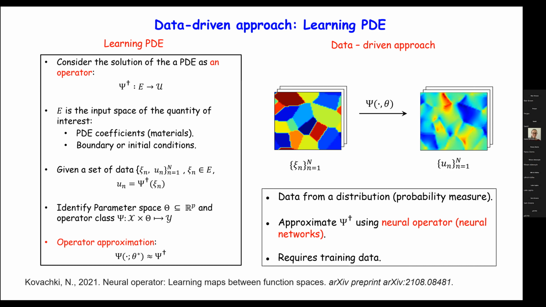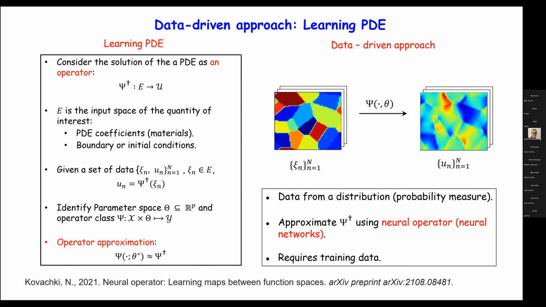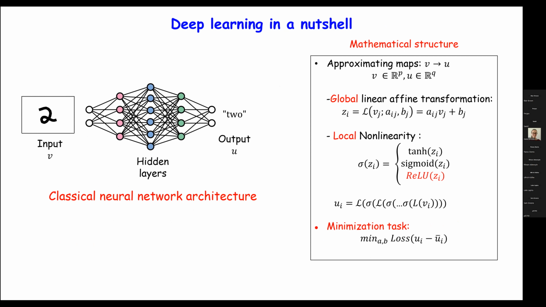Okay. I'd also like to discuss how we're going to construct this solution operator. As I just indicated, the popular way of doing this nowadays is using a neural network. If we take a closer look at the architecture of a neural network, you can see that it's a very simple idea. A neural network is an approximator that maps between finite dimensional Euclidean spaces.